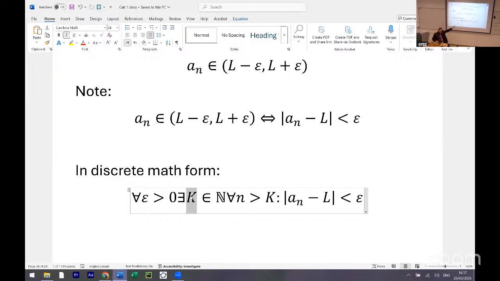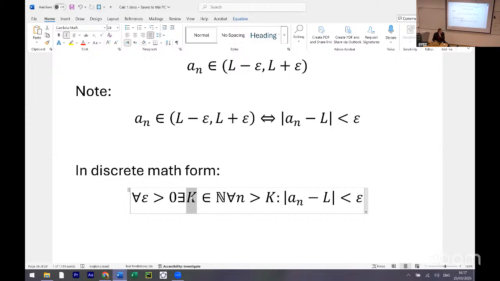So K would be the number of elements outside of the area. All the rest of the elements would be inside. If K is, I don't know, 100, then the element with serial number 101 is within the area and all ones after it.